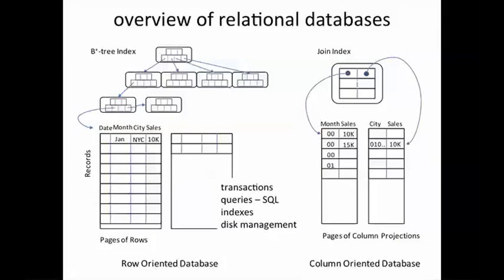In other words, a particular record is actually split across multiple disk blocks, with different sets of columns occurring in different blocks.